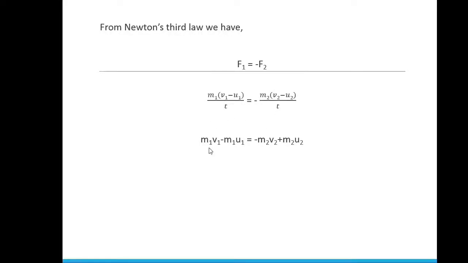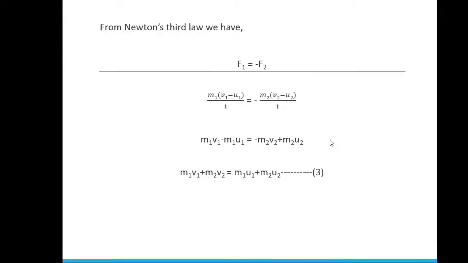On expanding we get m1 v1 minus m1 u1 is equal to minus m2 v2 plus m2 u2. So rearranging we get m1 v1 plus m2 v2 is equal to m1 u1 plus m2 u2.